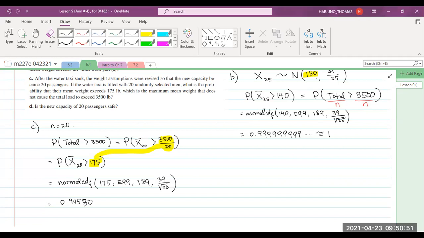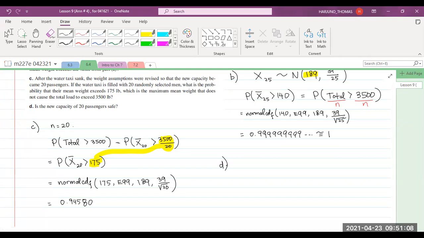Therefore, the total weight is more than 3,500. That's approximately 95% chance of overload, right? The total load exceeds 3,500 pounds.